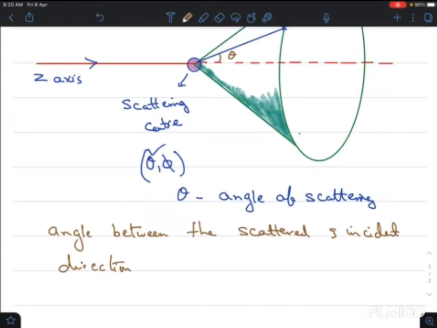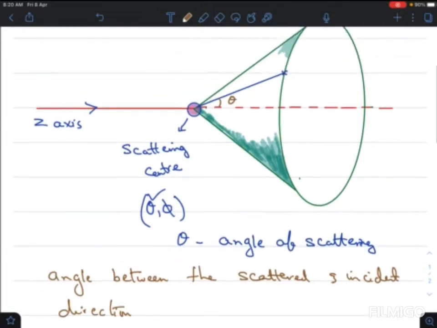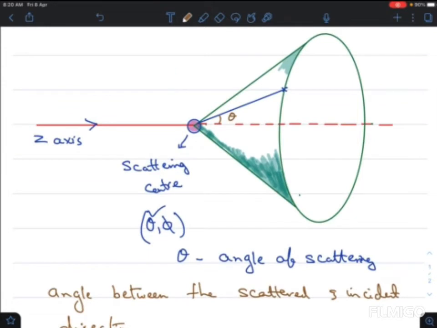These two directions together define the plane of scattering. Okay, so plane of scattering means, I'll just draw that. From here you can consider the plane containing the scattered direction and the incident direction.